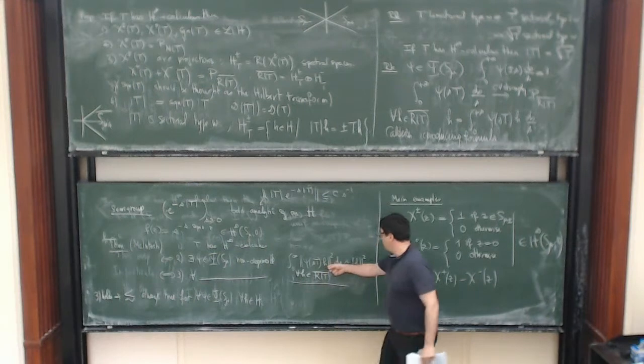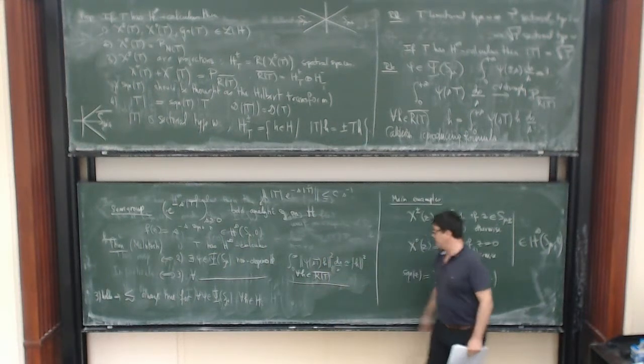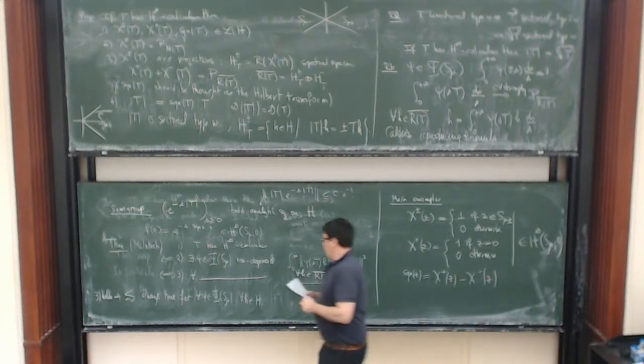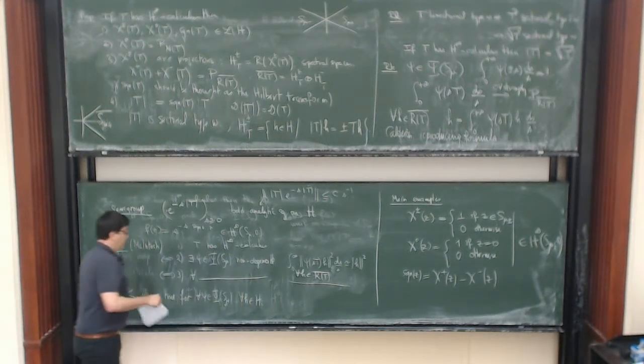Again, if h is a null element, this is 0 identically, so this contribution to the integral is 0. All right, so this is useful sometimes to have in mind.